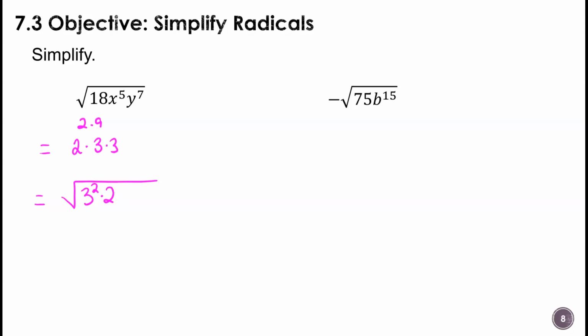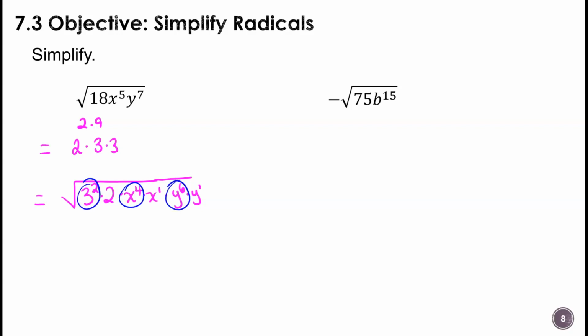And then we have x to the 4th times x to the 1st, y to the 6th times y to the 1st. When it's a square root, the part we have left over will always be to the 1st power, as we're just splitting those with the highest even exponent, and then the leftover part's always to the 1st power.